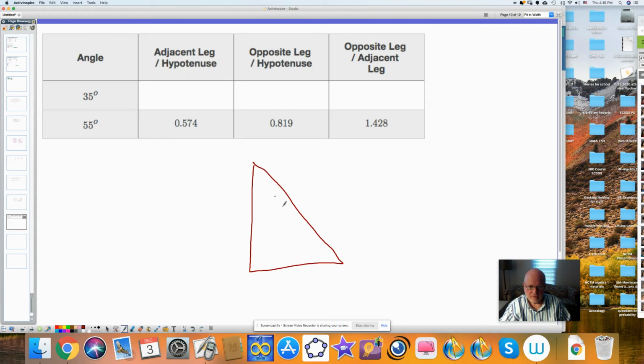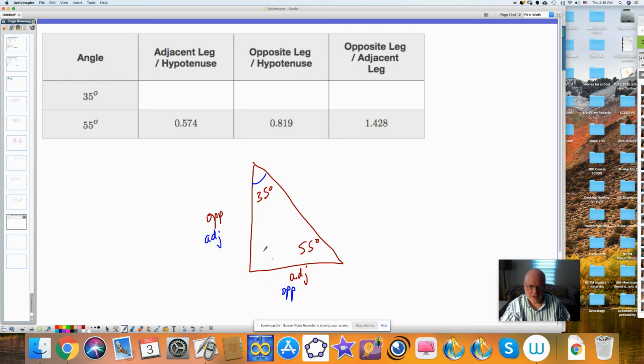If I have 55 degrees here, and I have 35 degrees here, from 55, this is the adjacent, and this is the opposite. But notice from this other angle, from up here, this would be the opposite, and this would be the adjacent.